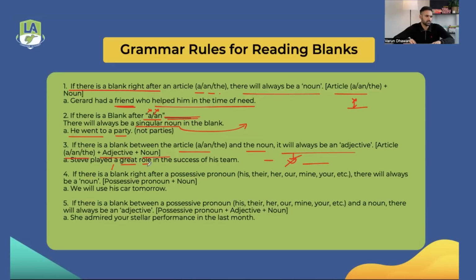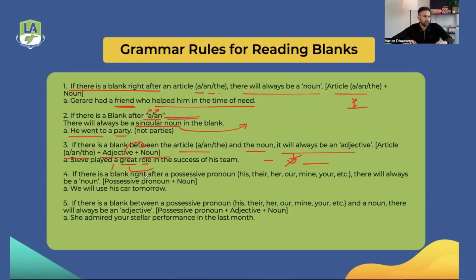Role here is the noun, so a great role, something which gives you more information about the noun. For example, he bought a dash car. A is an article, car is a noun: a good car, a beautiful car, a red car, a green car. So an adjective will always be between an article and a noun.